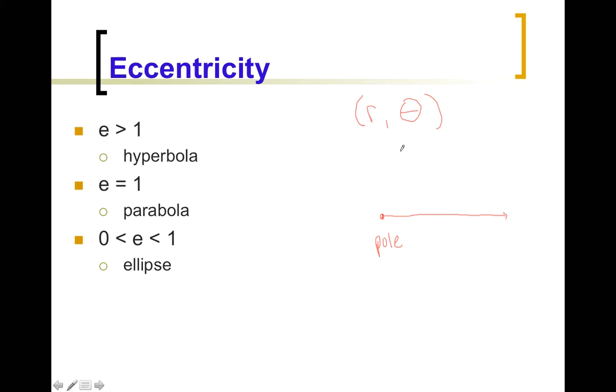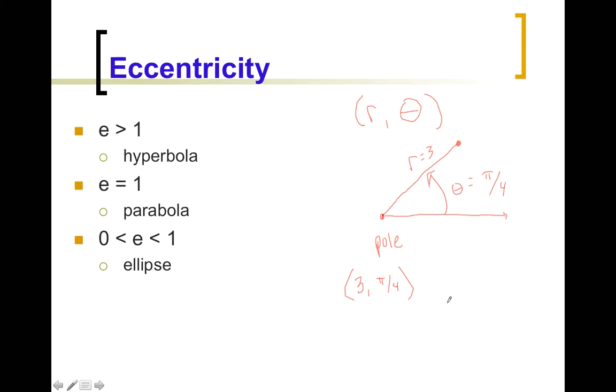What r comma theta was is we went to some angle theta, and r was just some distance r from the pole. So if I was to do 3 comma pi fourths, it could be pretty close to this, where r is equal to 3 and theta is equal to pi fourths. That's pretty close to a representation here. That's what polar mode was.